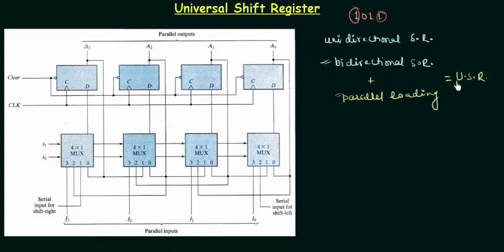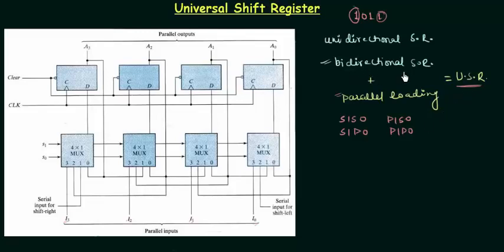The universal word is used because all the possibilities are covered in this single shift register. What we have studied till now, the serial input, serial output, the serial input, parallel output, the parallel input, serial output, and the parallel input, parallel output are covered in the same register. Let's see how.